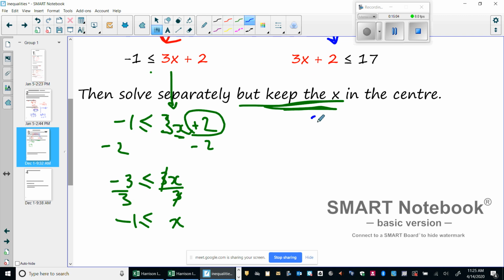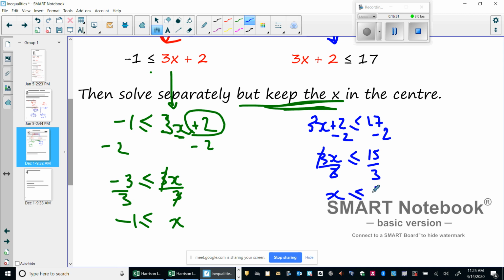We've got 3x plus 2 is less than or equal to 17. So both sides we're going to take away 2. That's 3x is less than or equal to 15. And then divide both sides by 3. They disappear. So we've got x is less than or equal to 5.